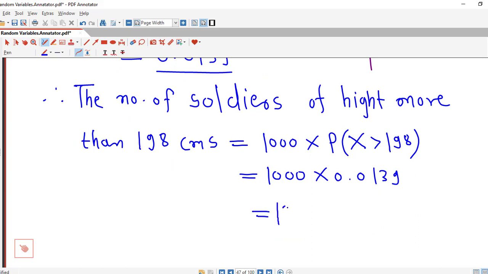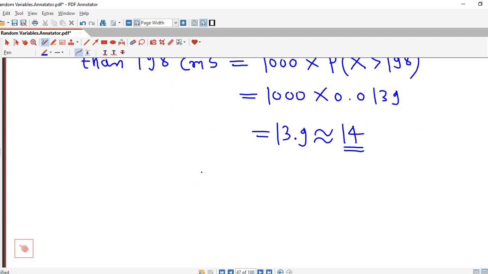So this is nothing but 13.9, which we round off as 14. So there are 14 soldiers of height more than 198 centimeters.